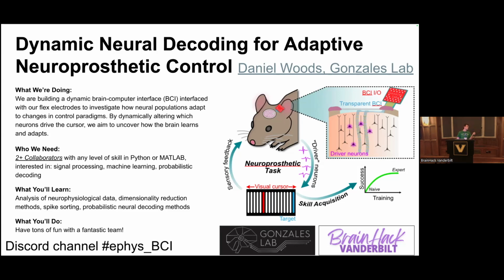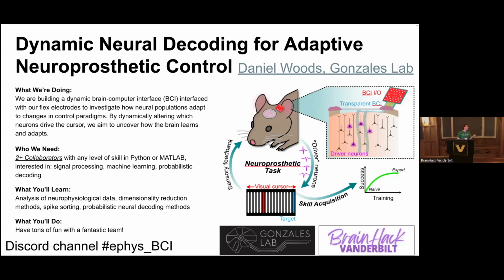But what we're really interested in is, in the middle of this learning period, can you switch the subpopulations of neurons that are driving one direction or the other? You could also think about multi-directional control, and how this relates to the timing of the movement of the cursor. There are many ways you could alter this.